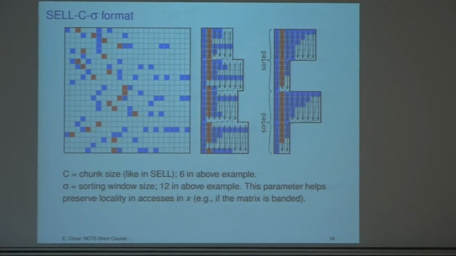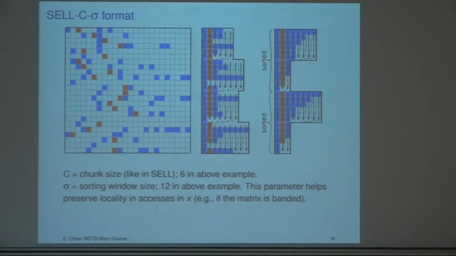But that is actually a very good question. It makes these formats a little bit difficult to use because you have to choose these parameters. If you don't choose them well, then you may end up with a data structure that is not that efficient for your matrix after all. Okay, any questions on this?